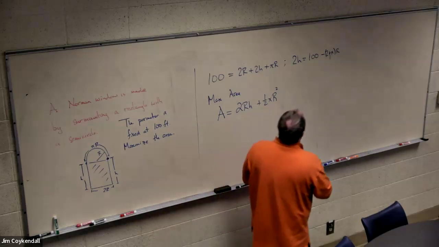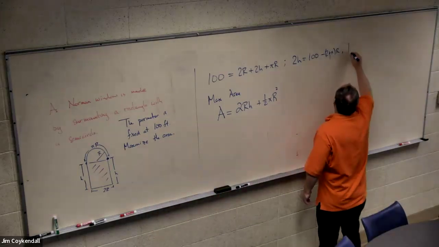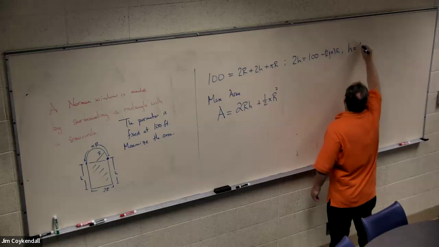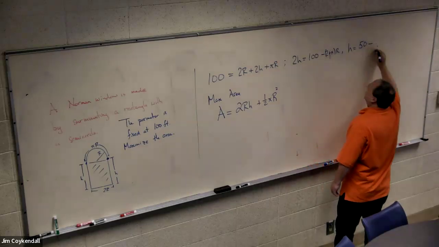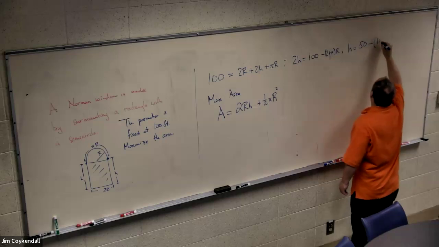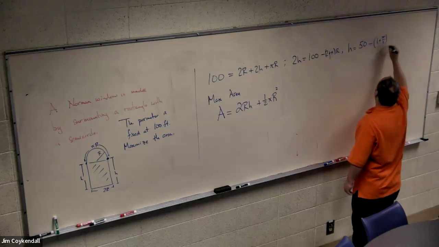So H is equal to 50 minus (1 plus pi over 2) R.